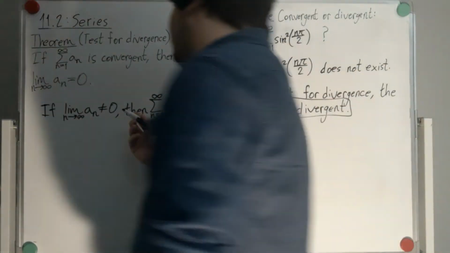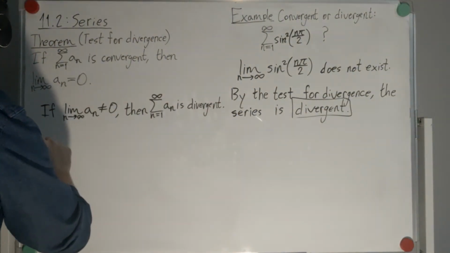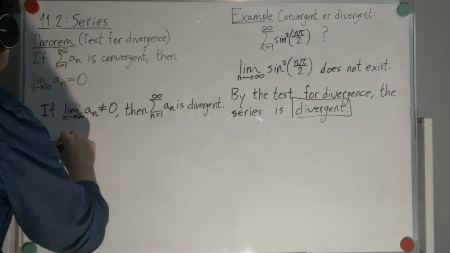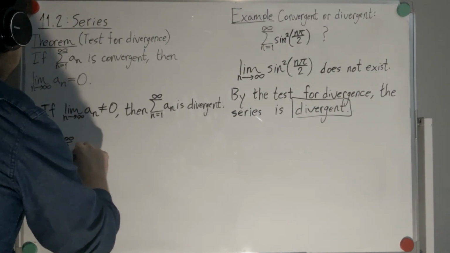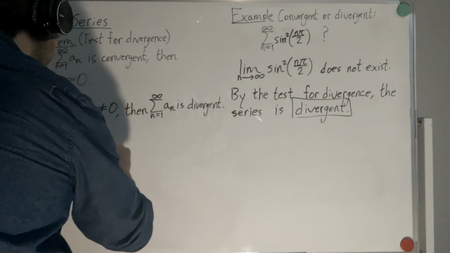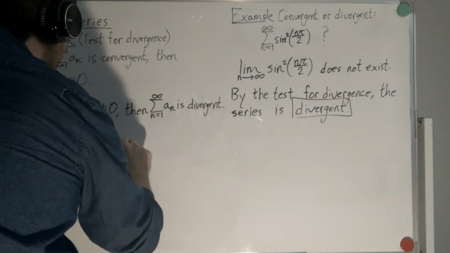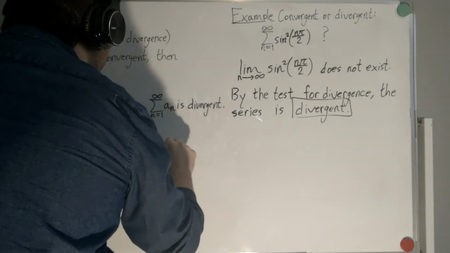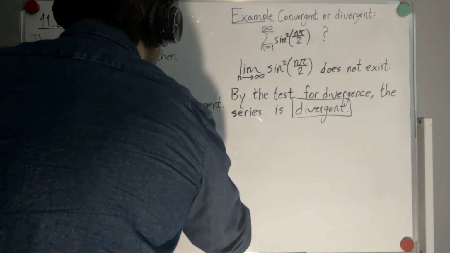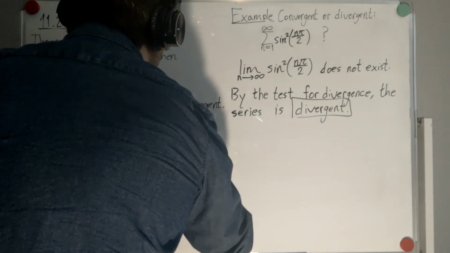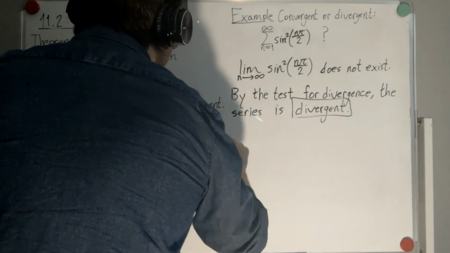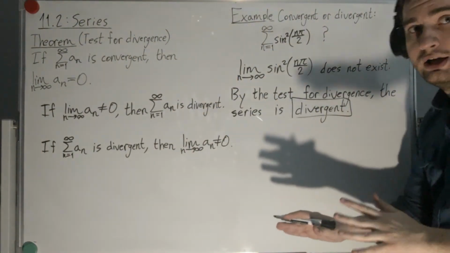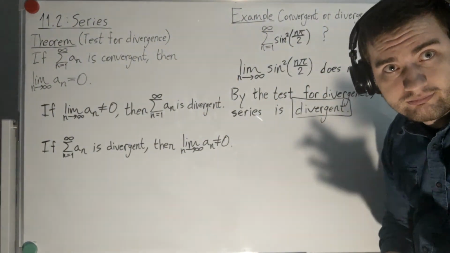The converse of this statement is like if the sum from n equals 1 to infinity of a_n is divergent, then the limit as n approaches infinity of a_n is not 0. Okay? So that's the converse of the test for divergence.